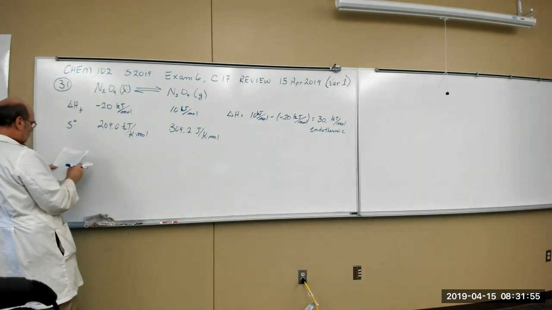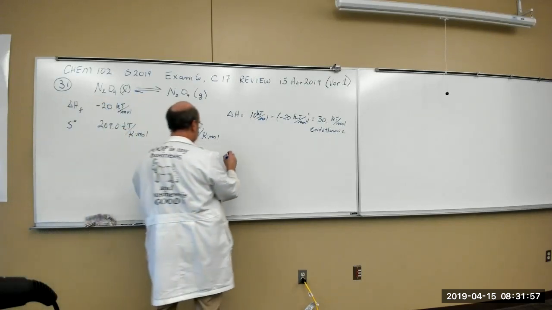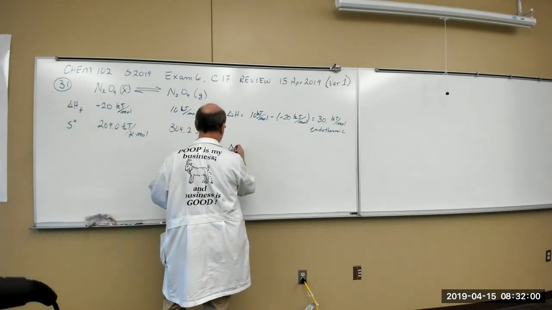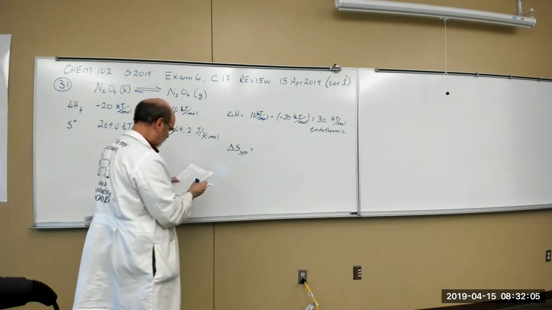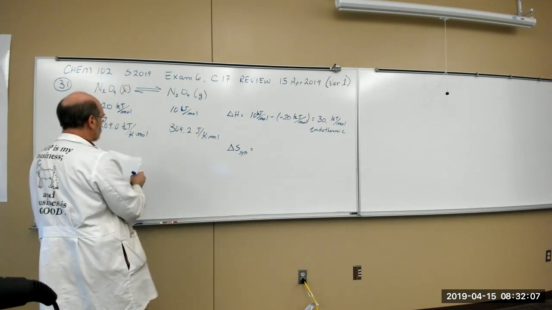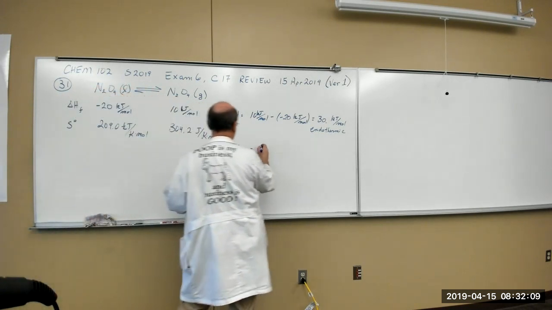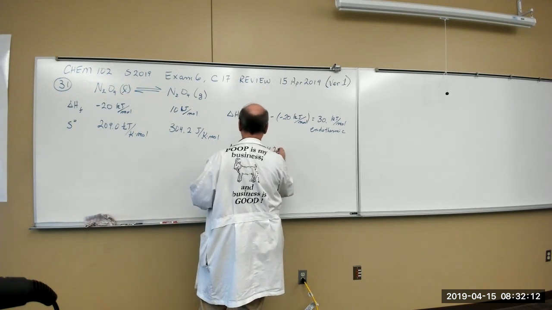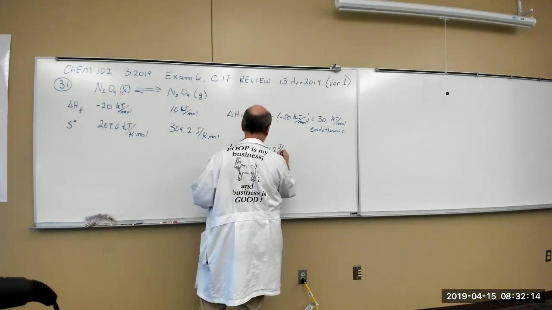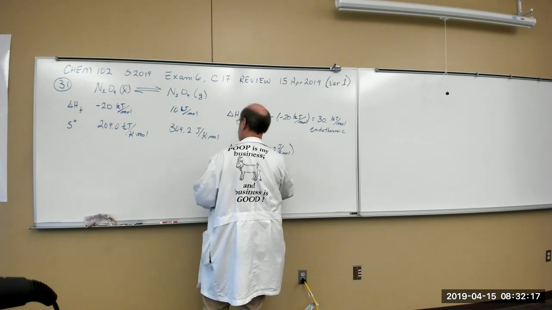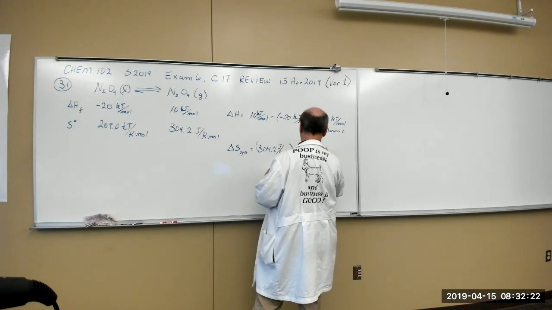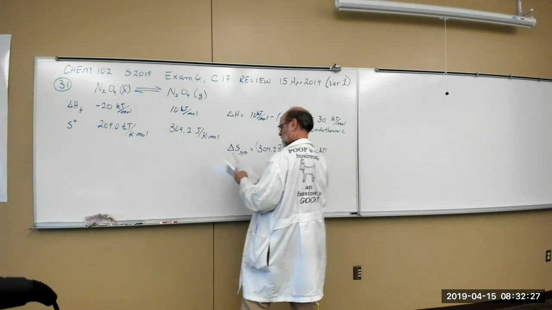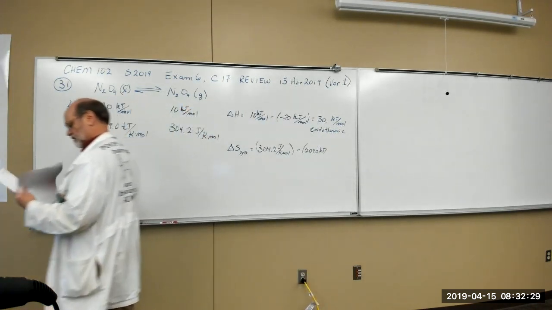But to answer the question, what we need is the delta H for the system. I mean delta S, excuse me. Delta S for the system. So in that case, we have this one minus this one. No, that should be joules.